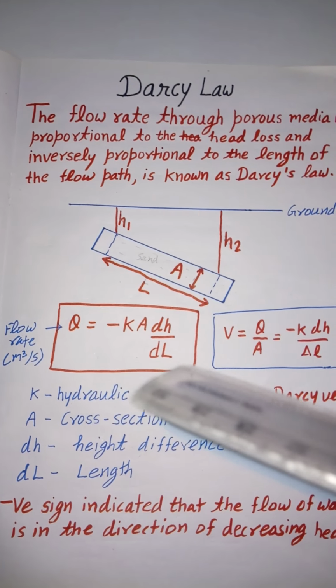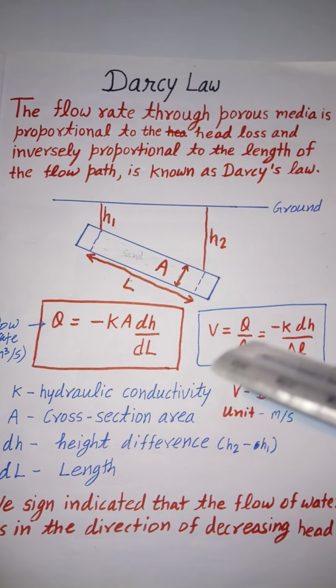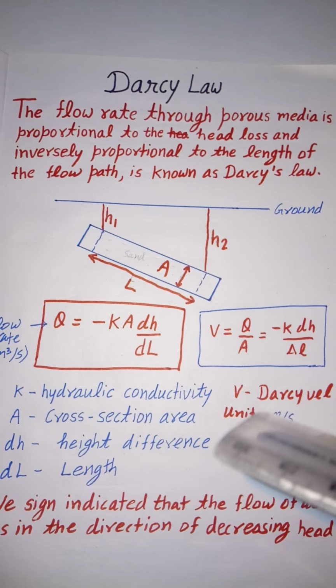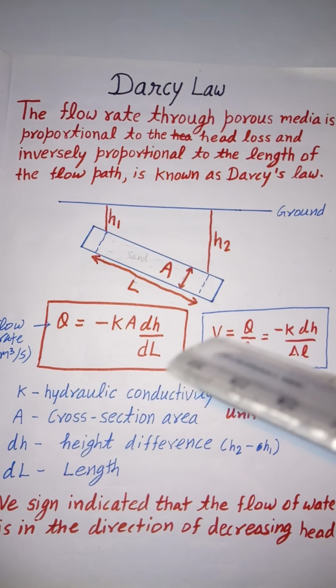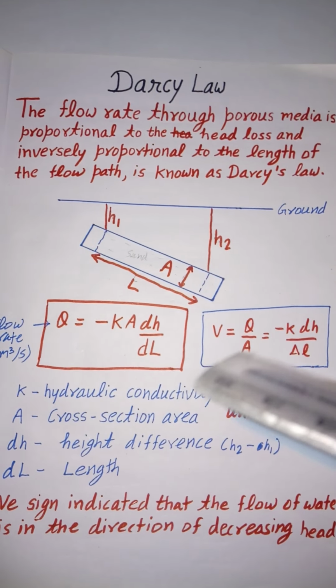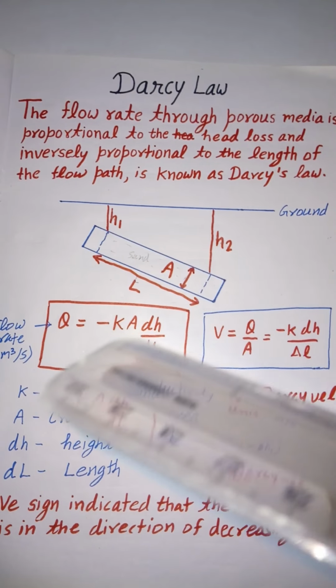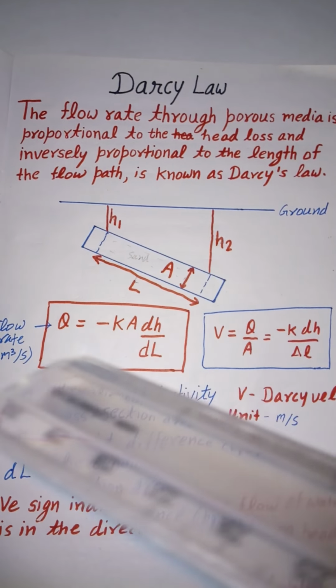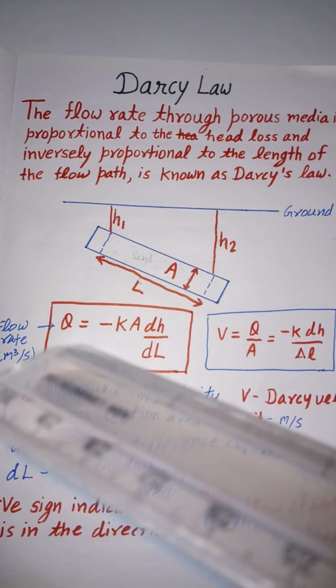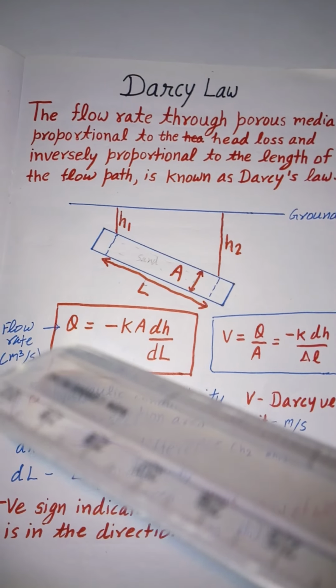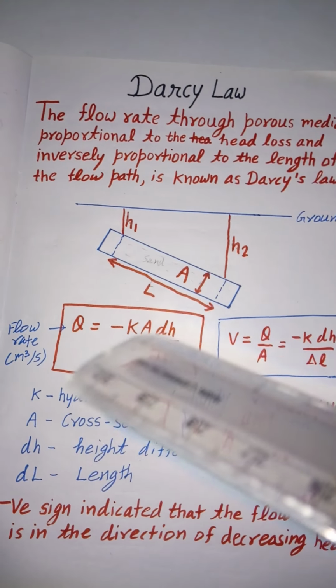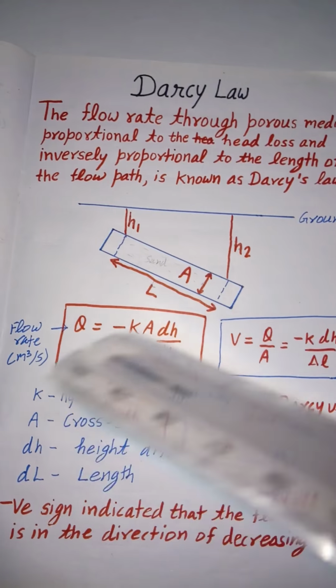Okay. Now look at another formula. Here V is the Darcy velocity. What is V? Q by A. So what we did, we just interchanged the side. Take the A to the left side. Here it is a multiplication, so it comes to the other side as a division.